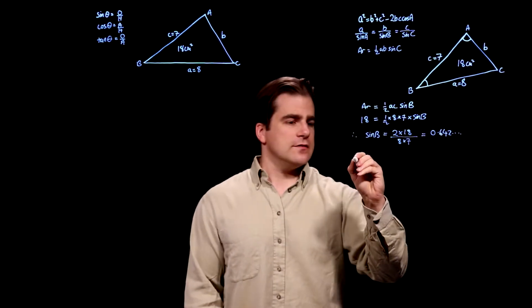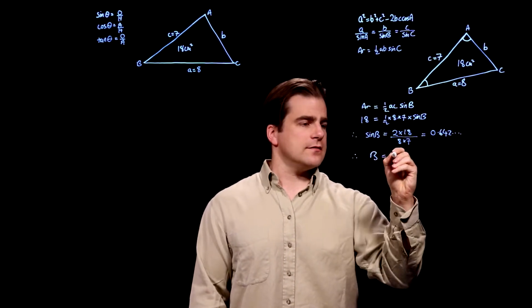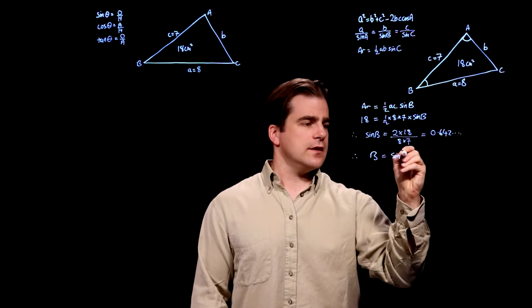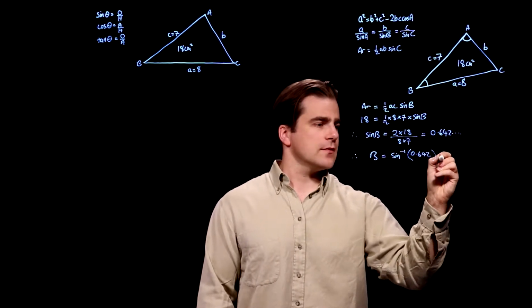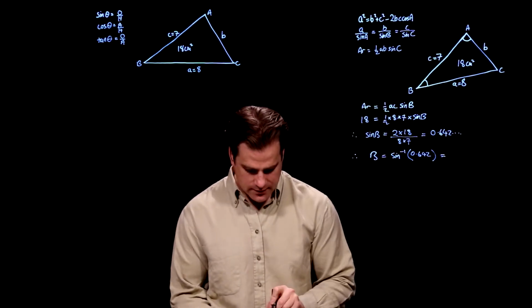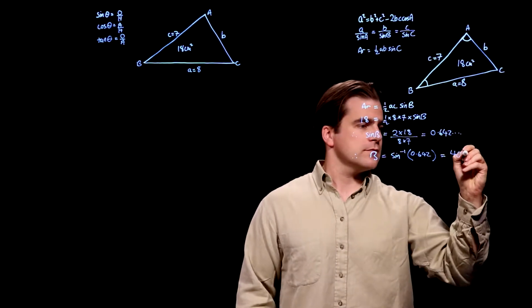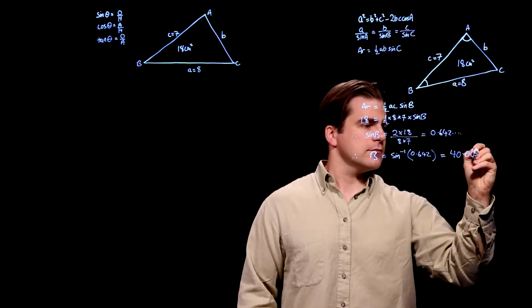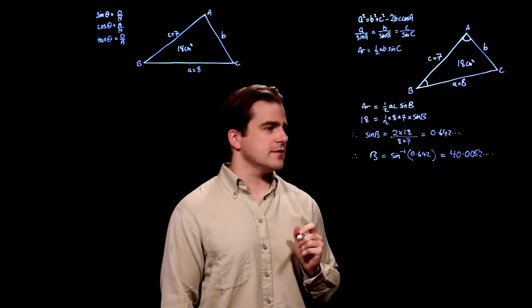Right, so therefore B is the inverse sine of 0.642, which turns out to be 40.0052 something something. Very close to 40, isn't it?